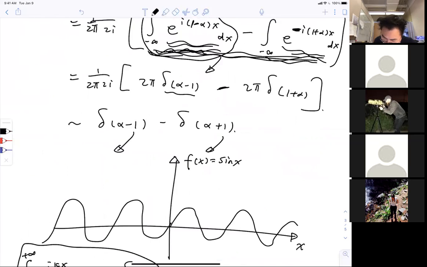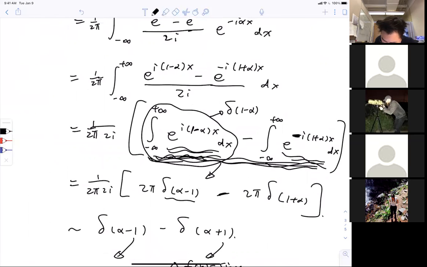It doesn't matter. So that delta 1 minus alpha becomes delta alpha minus 1. And the same thing here: it should be delta minus 1 plus alpha, and I can put a plus minus sign in front, so it becomes delta 1 plus alpha. Oh, I see. Thank you.